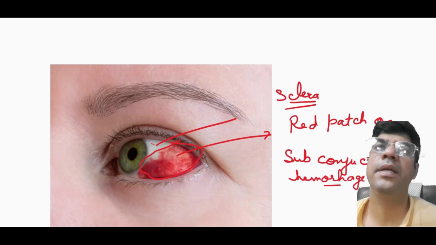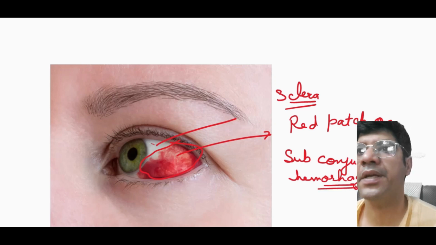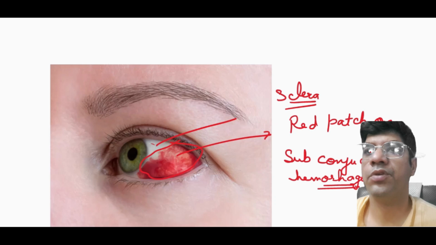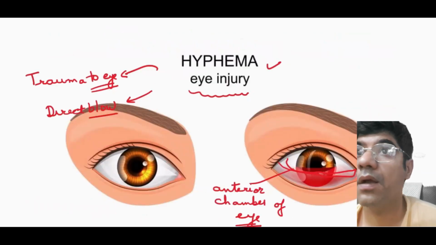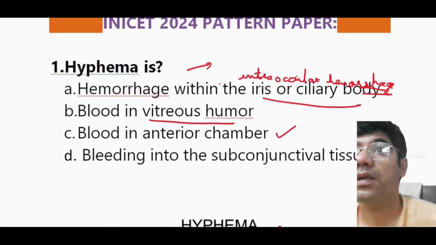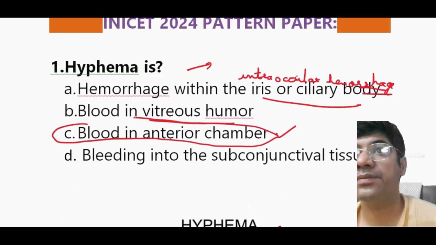It typically resolves on its own without any treatment. So that is why your answer would be blood in the anterior chamber. That is the correct answer to this question.